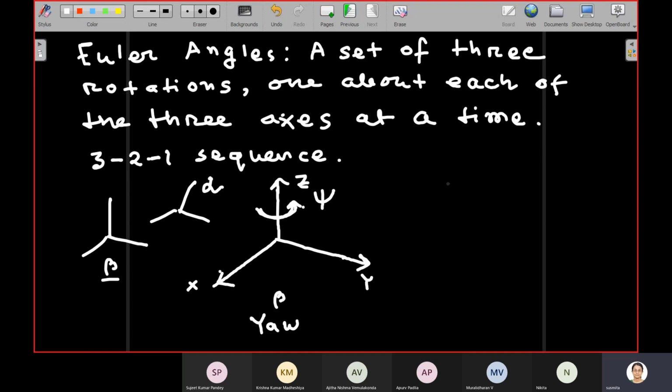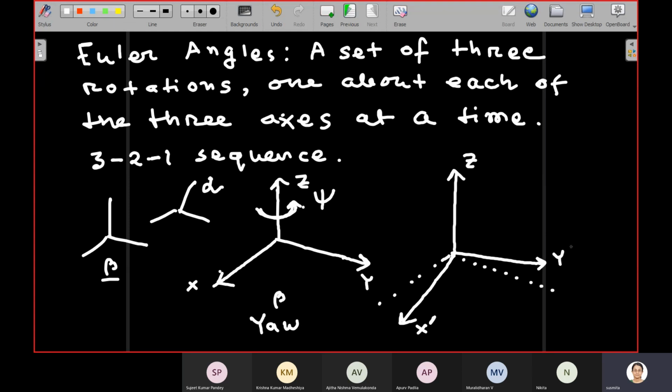After applying this psi rotation about the Z axis, the Z axis is not changed. Only X and Y are changed. So this is the new orientation of X and Y. Z remains the same as before. This is the first intermediate frame.